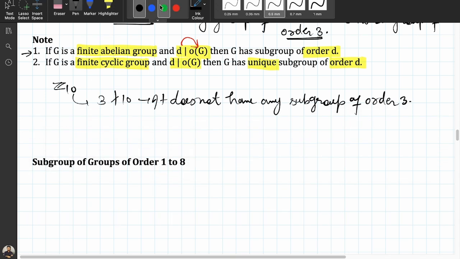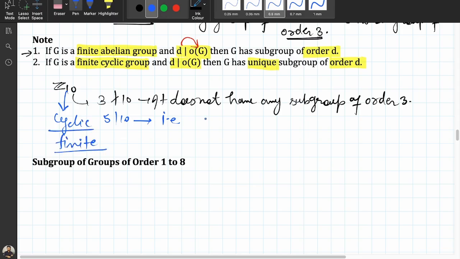Next, 5 divides 10. It is a cyclic group, and simply we can say it is a finite cyclic group.